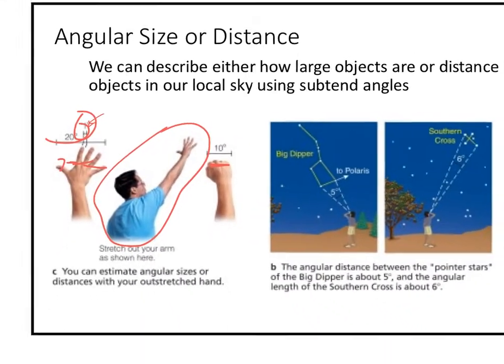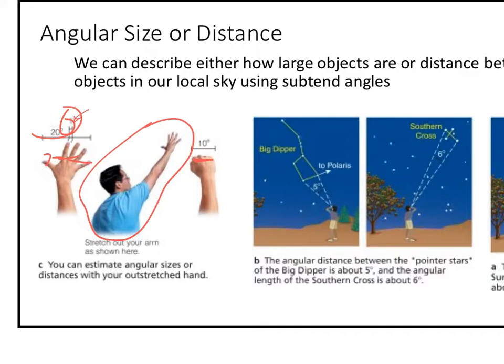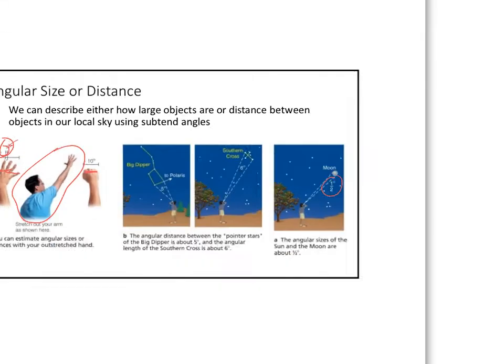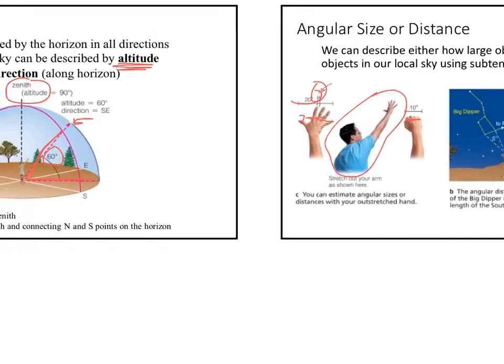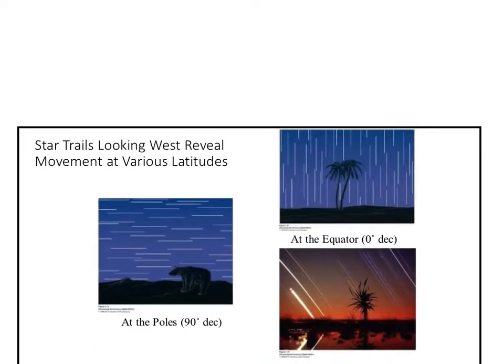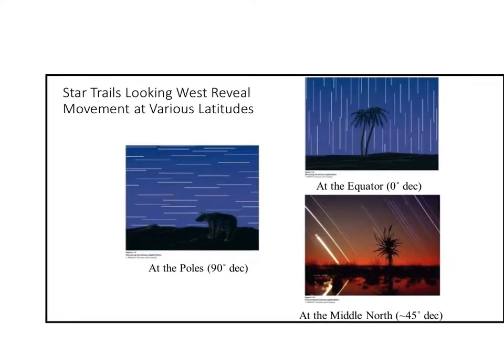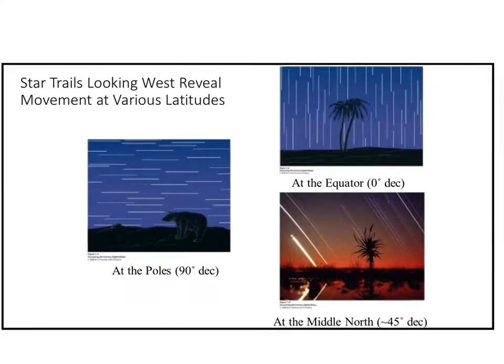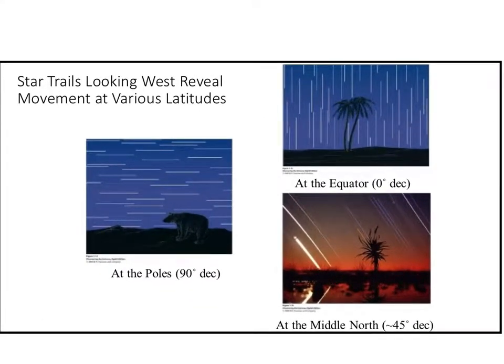All right. Then I got motion of stars viewed from the North Pole. This is where we say that the stars throughout the course of a night will appear to orbit counterclockwise around the star Polaris. If you are a polar bear at the North Pole, the North Star Polaris is going to be at your zenith.